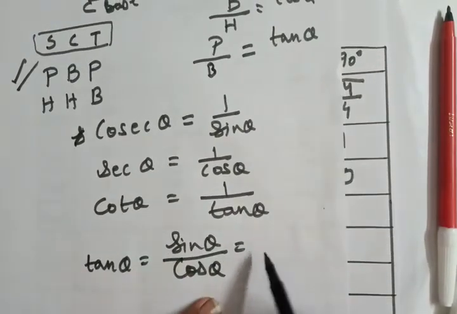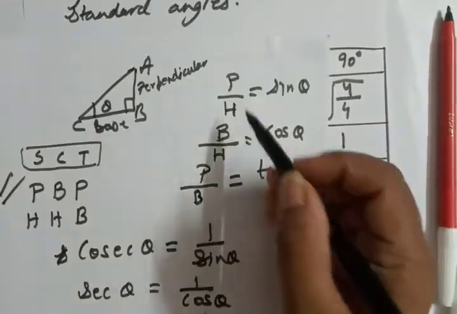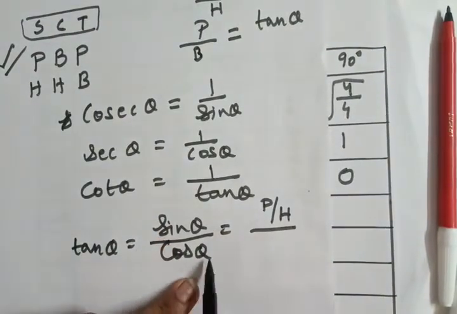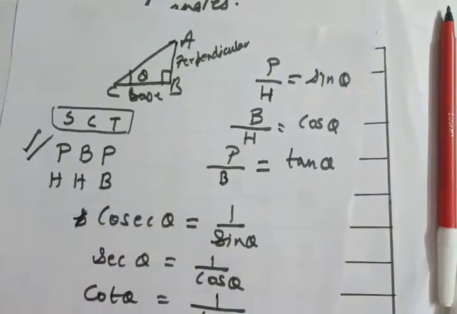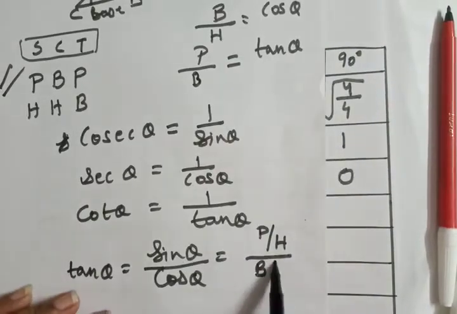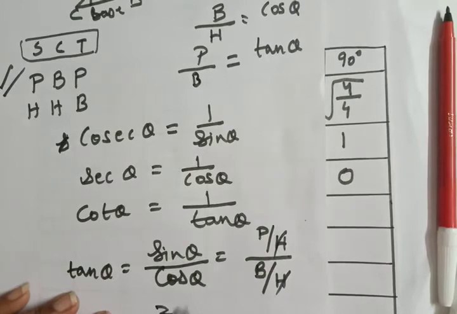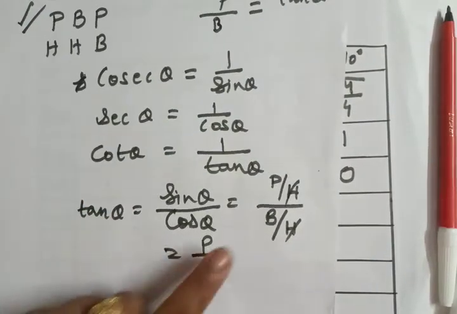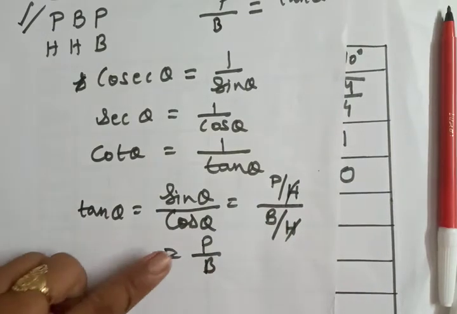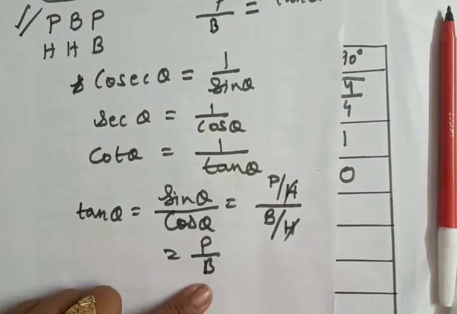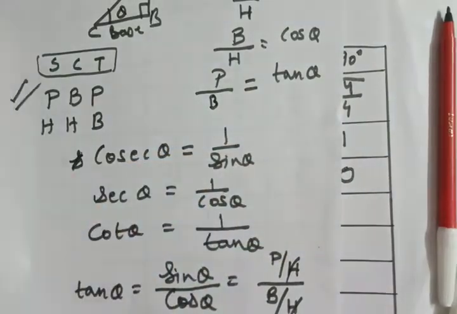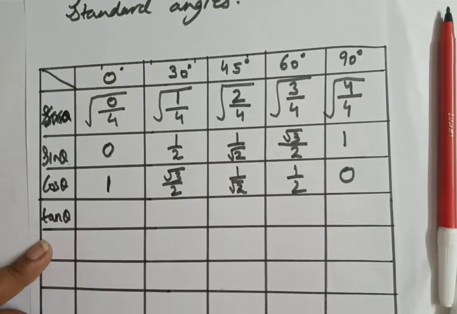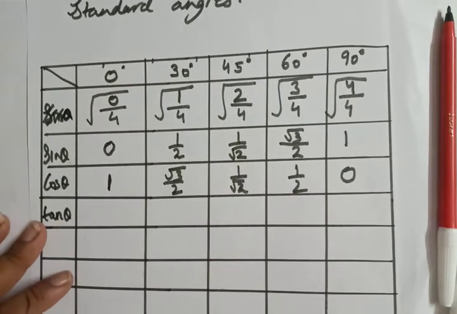How? See, what is sin theta? That is perpendicular upon hypotenuse. And what is cos theta? Base upon hypotenuse. What is left? Perpendicular upon base. Hypotenuse will be cancelled out and we are left with perpendicular upon base, that is equal to tan theta. So tan theta is equal to sin theta upon cos theta.